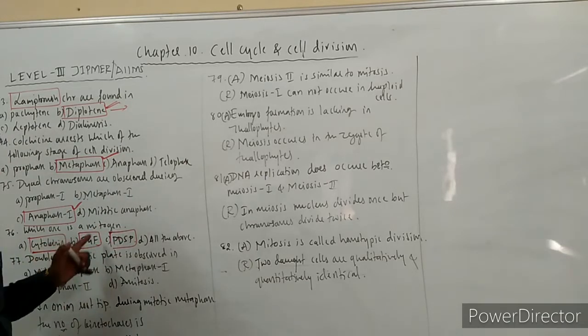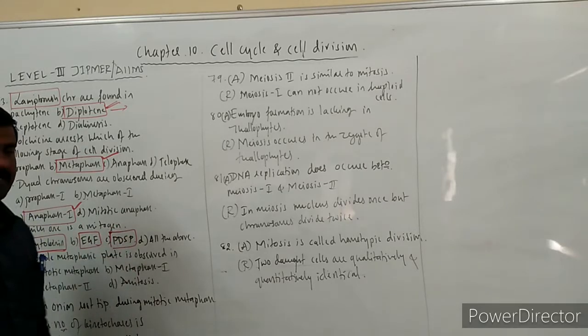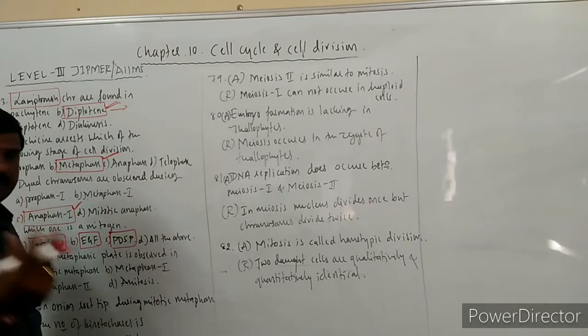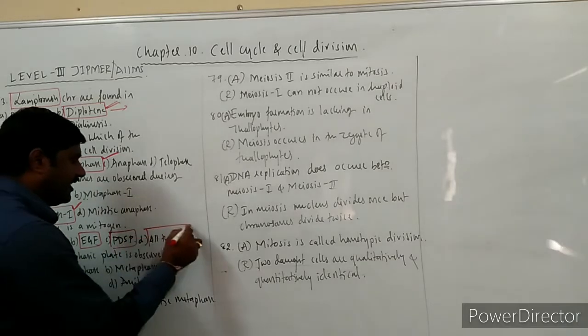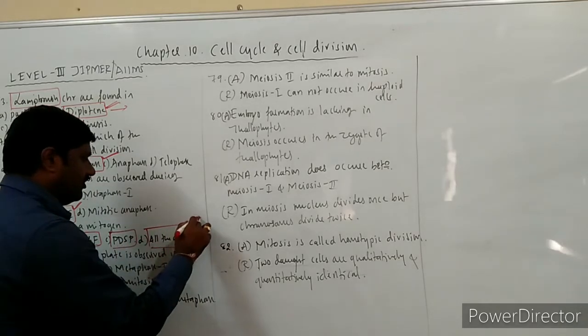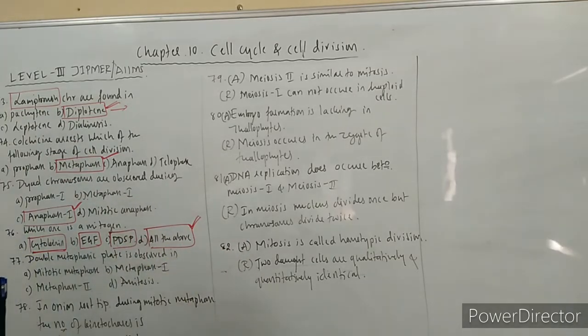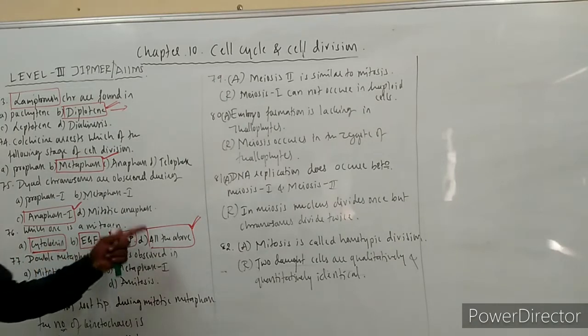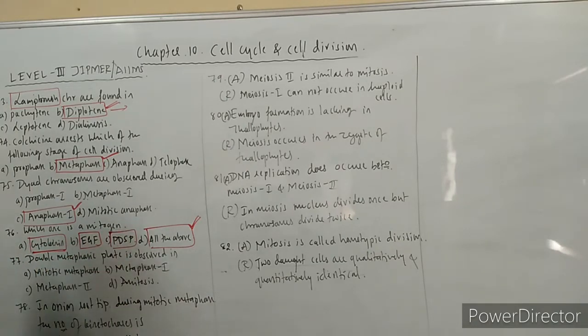These are the different types of mitogens that we come across here, which stimulate cell division. So that's why the correct answer for this question is all of the above. We have discussed all these things in the theory in a detailed way, right?